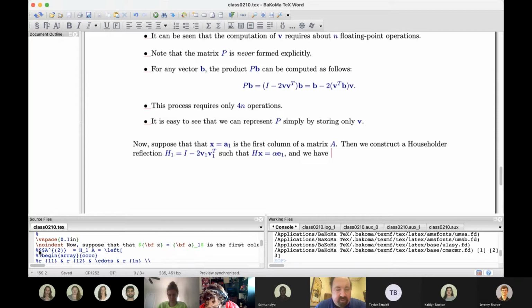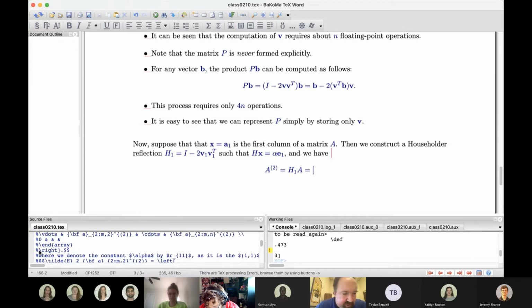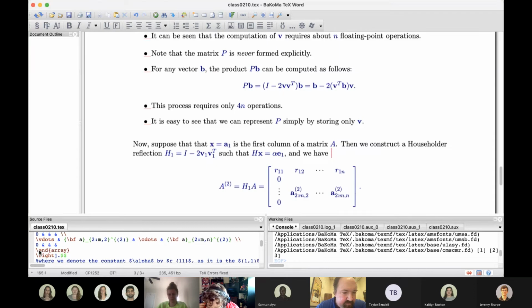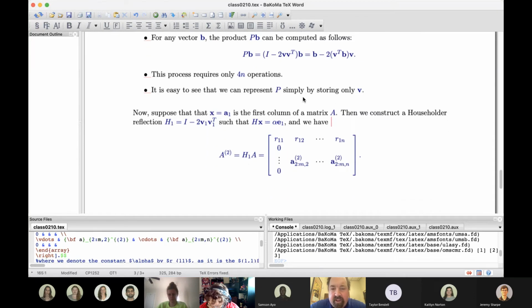Now, kind of like with Gaussian elimination, we've just finished working on the first column of A.